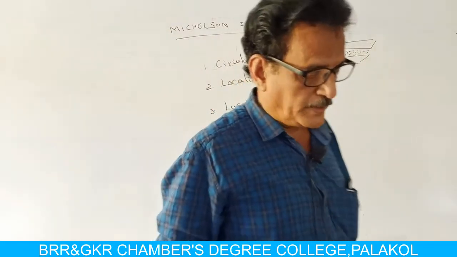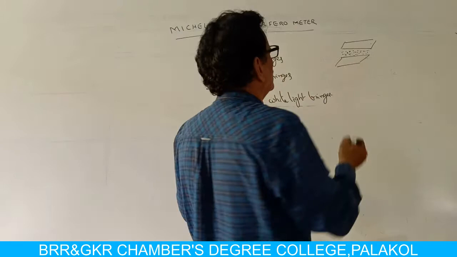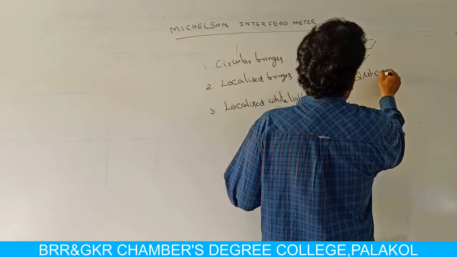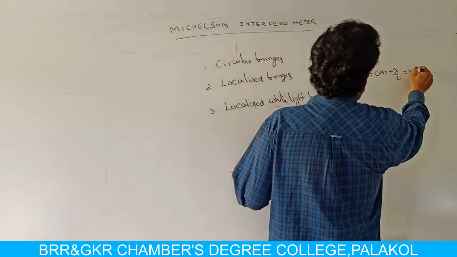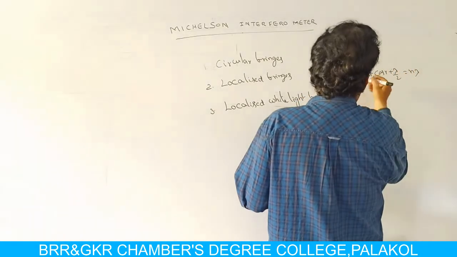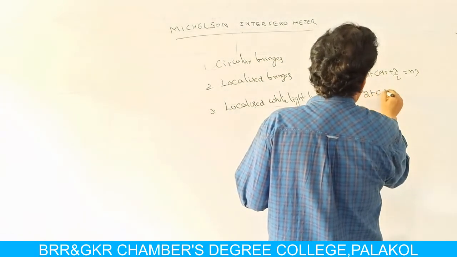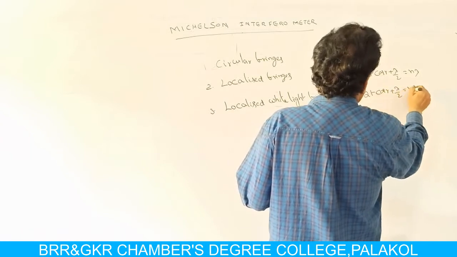So the condition is 2 mu t cos r plus lambda by 2 is equal to n lambda. For air mu is equal to 1, so 2t cos r plus lambda by 2 is equal to n lambda.